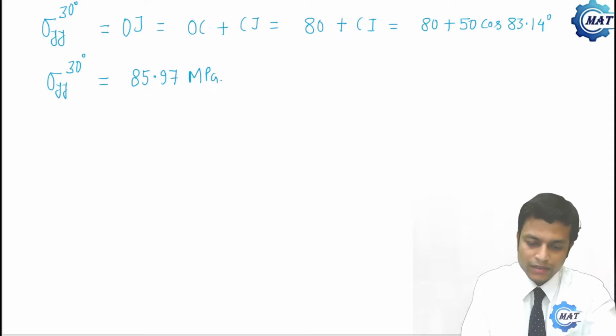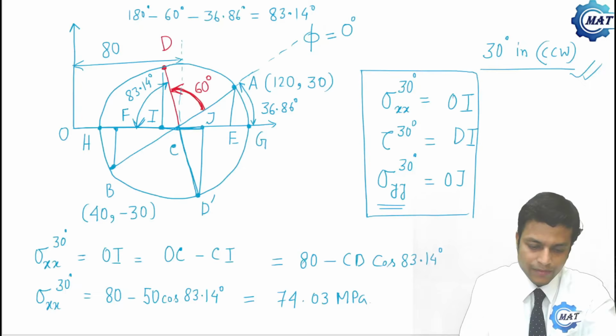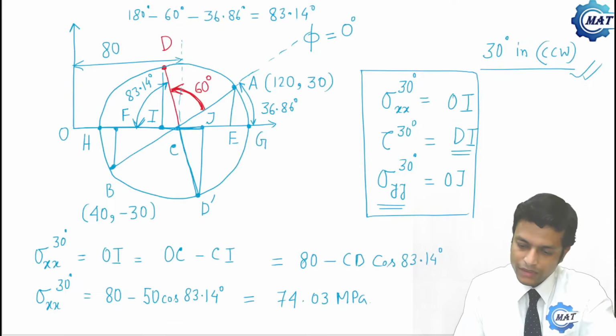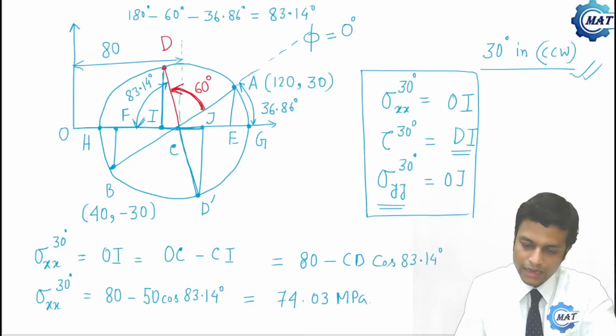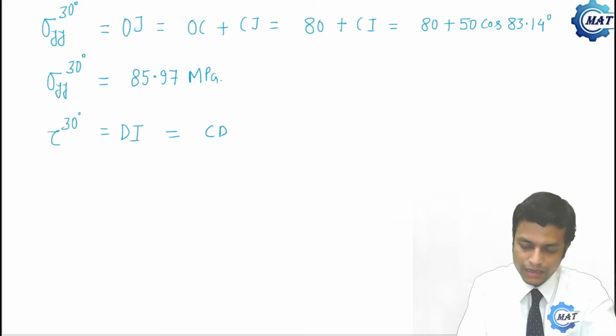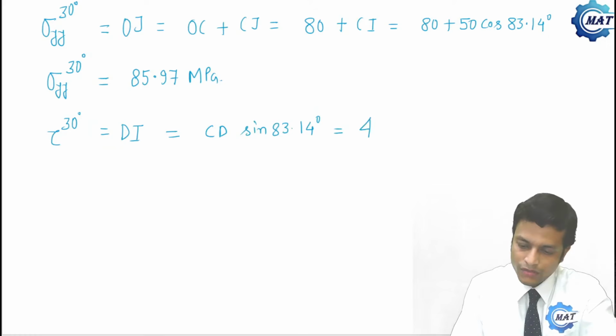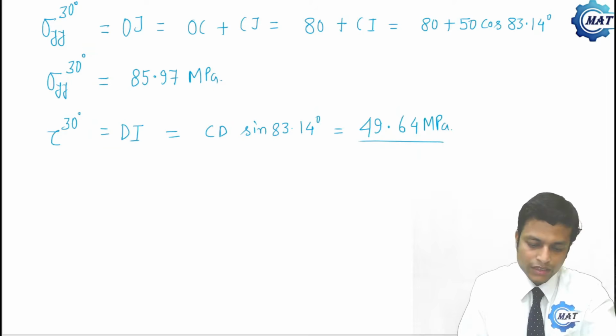Now the next part is tau 30 degree. What is shear stress on that plane? Shear stress on that plane is DI. What is DI? DI is CD sine 83.14 degree, and that comes 49.64 MPa. So we have determined all three stress components.